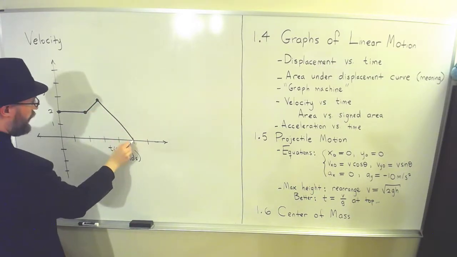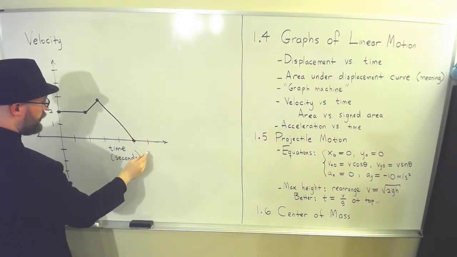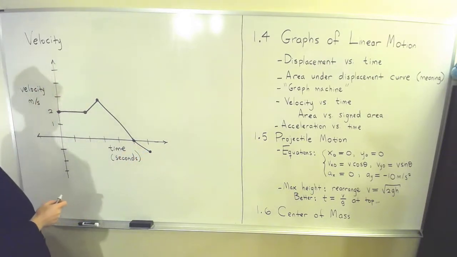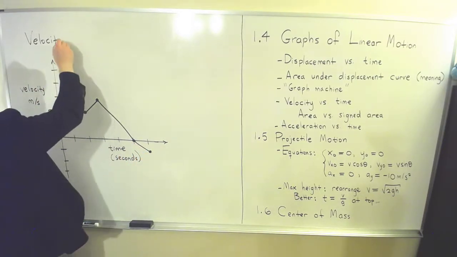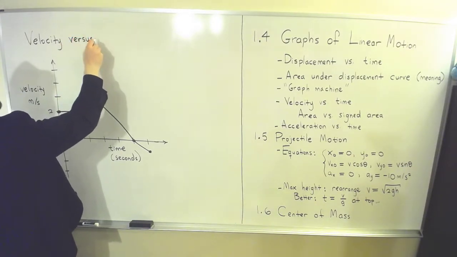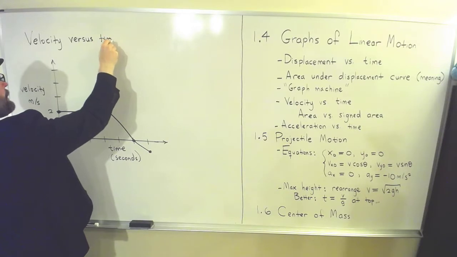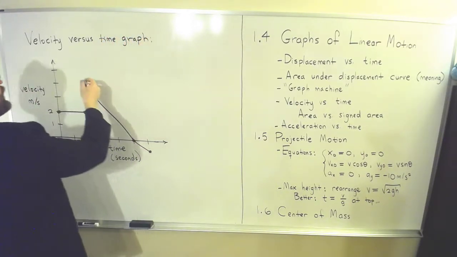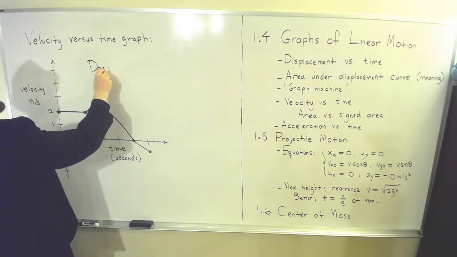So let's have that happen over here. Let's have this go, say, like that. And so this is a velocity versus time graph.